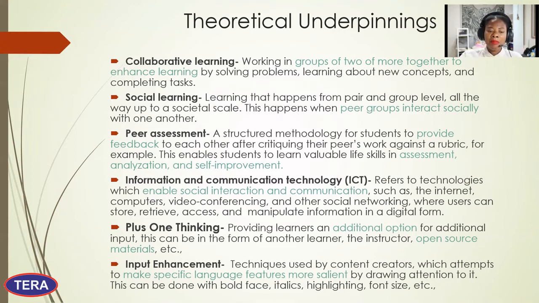So collaborative learning and social learning are very similar. Peer assessment is a structured methodology for students to provide feedback to each other after critiquing their peers' work against a rubric, for example. This enables students to learn valuable life skills in assessment, analyzation, and self-improvement.